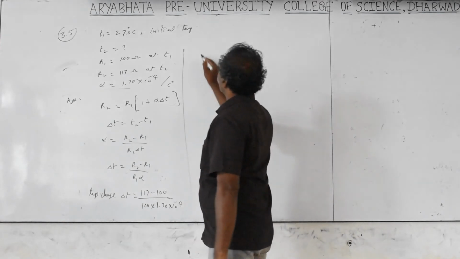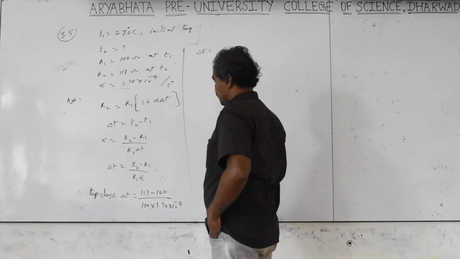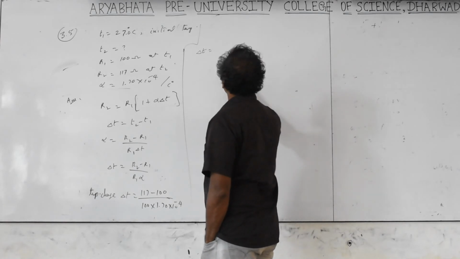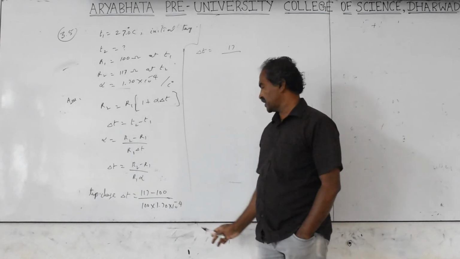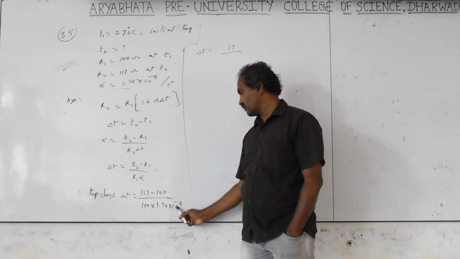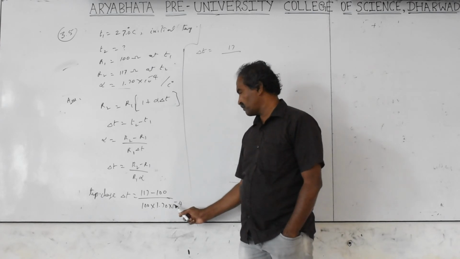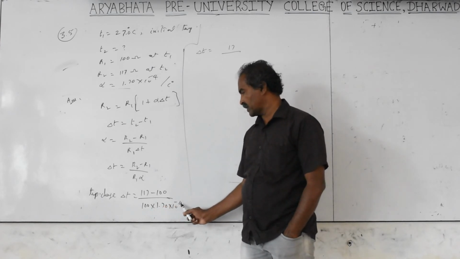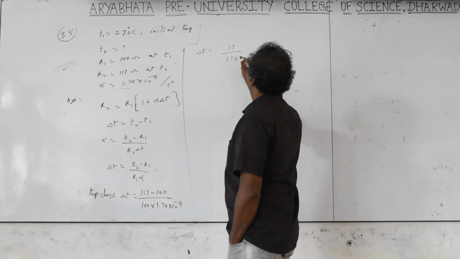So delta T is equal to T2 minus T1, which is 117 minus 100 is 17, by 170 into 10 to the power of minus 4. Changing the decimal here, it becomes 1.7 into 10 to the power of minus 2.